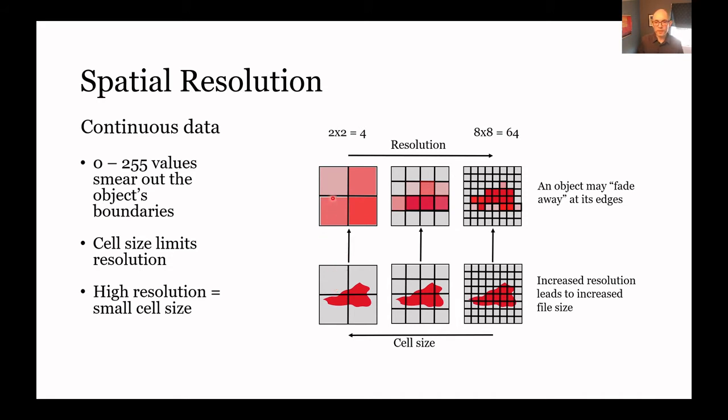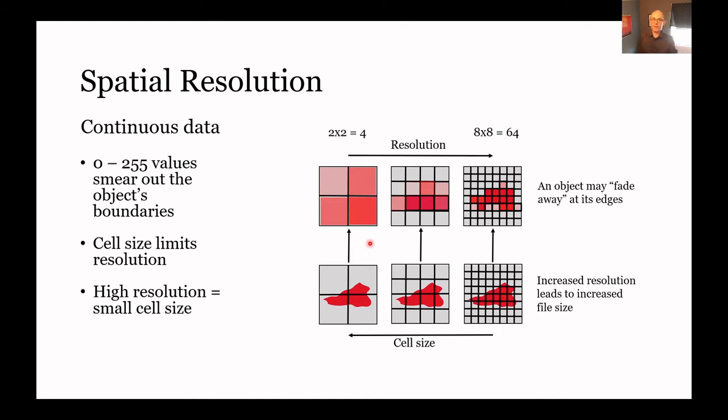Here we can give some sort of representation of how much red it is. And likewise here, so we get this continuous data. We get a slightly reddish pixel here, a more red pixel there, and a more red pixel there, and then the reddest pixel is there.